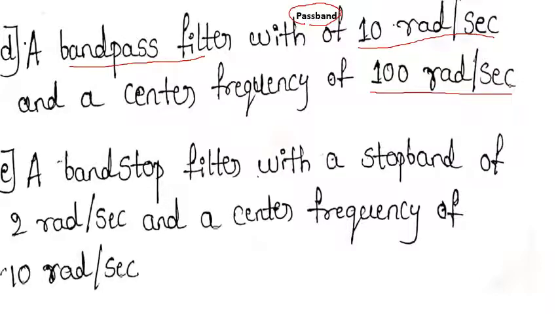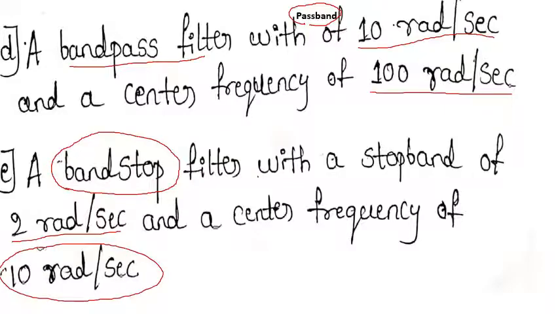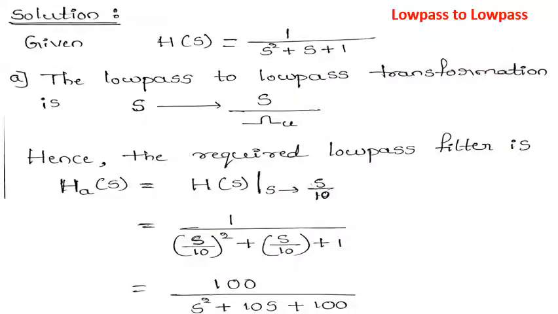Next, we have to find a transfer function for a band stop filter with a stop band of 2 radian per second and center frequency of 10 radian per second. I highly recommend that the students note down the question before watching the next part of the video.